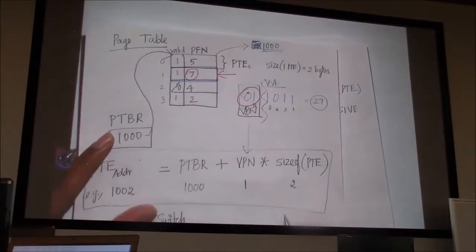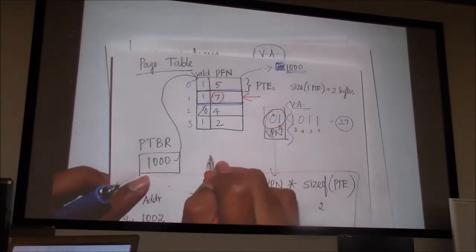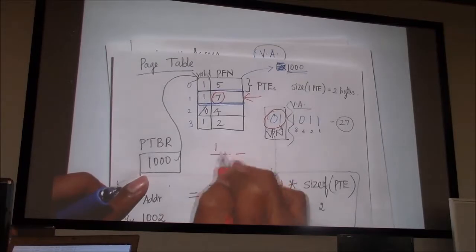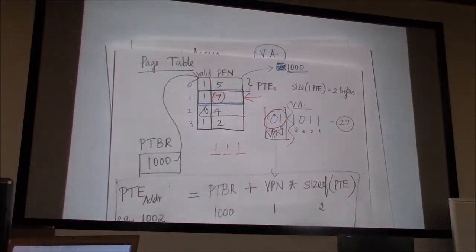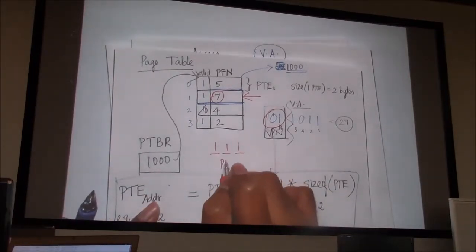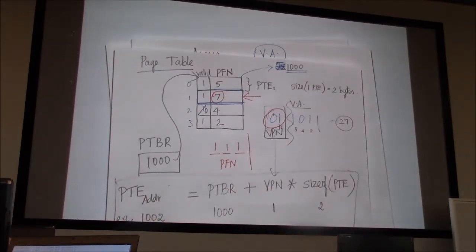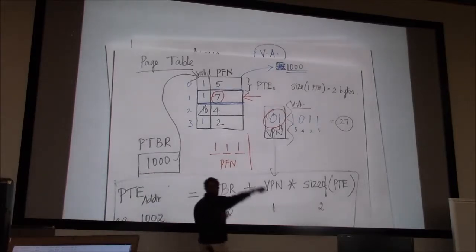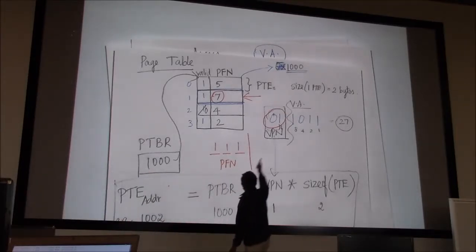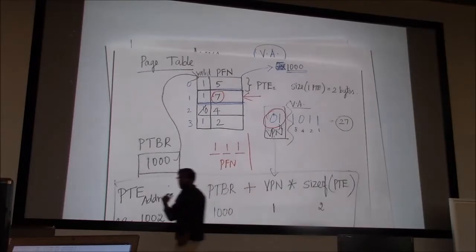Now 7 can be represented in, let's say, 3 bits: 1, 1, 1. If you have this page frame number, all that the hardware is going to do is append the offset directly from the virtual address, because we found the page frame.